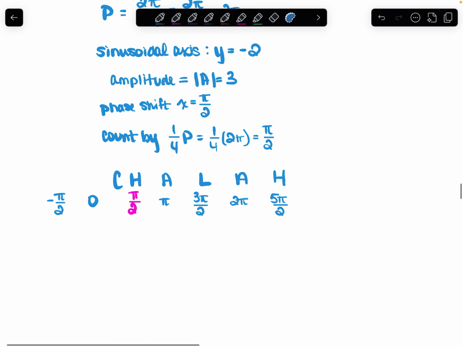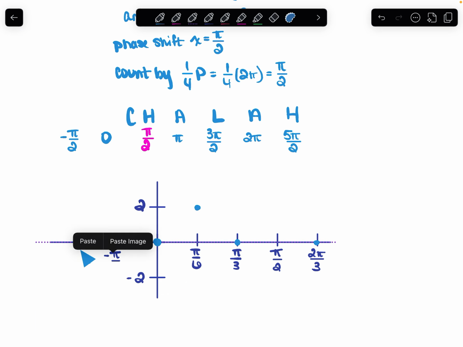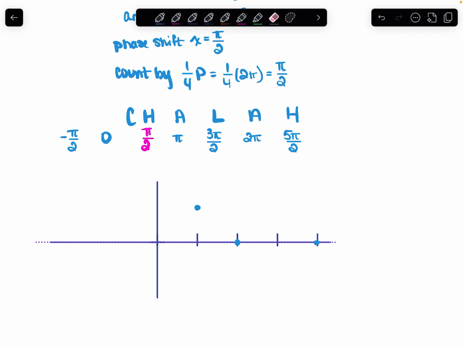All right, let me see if I can get this graph dropped in. I'll do a little erasing, maybe. Okay, close enough.